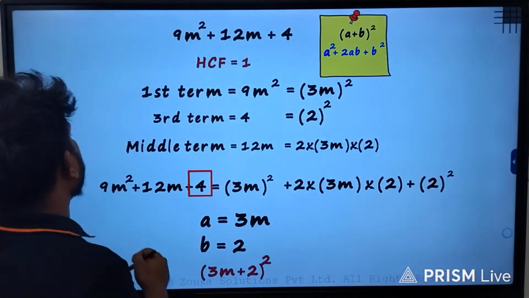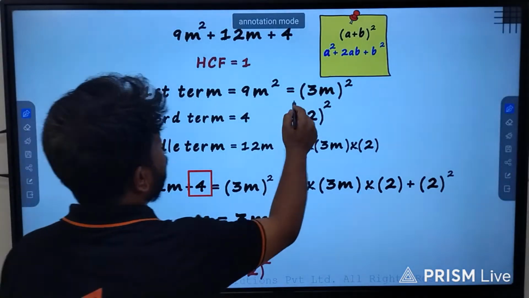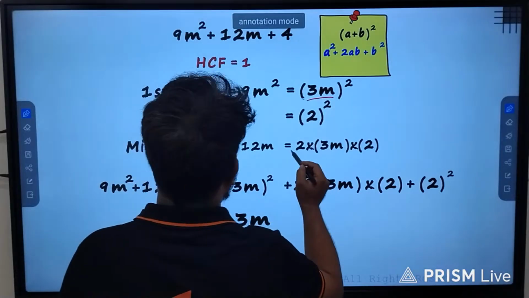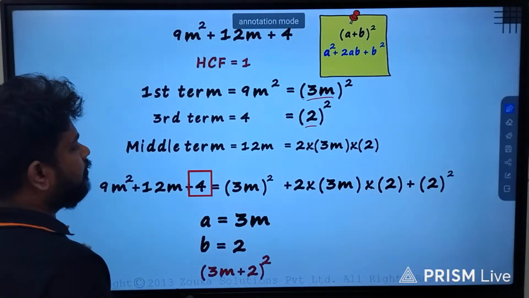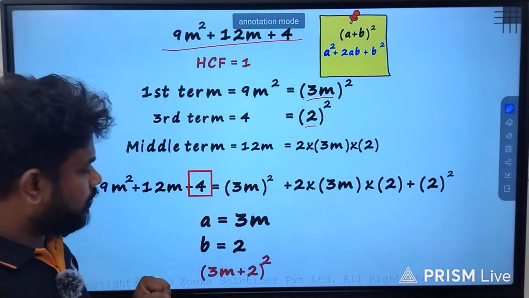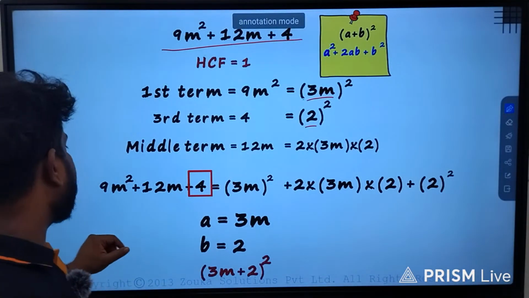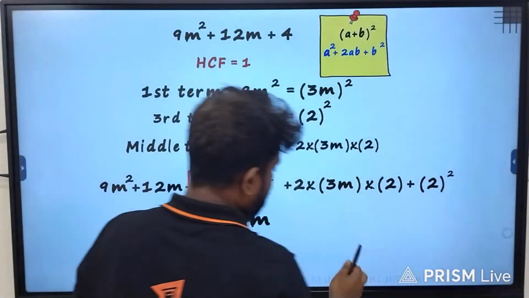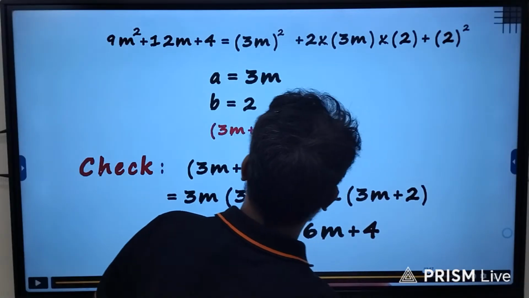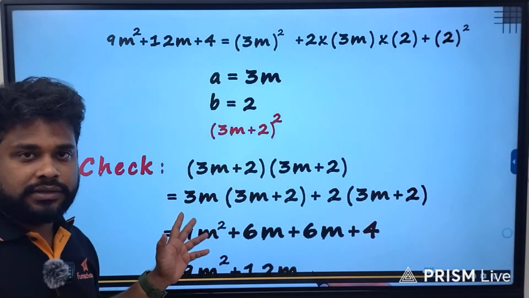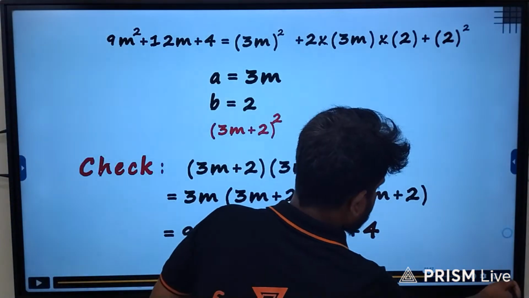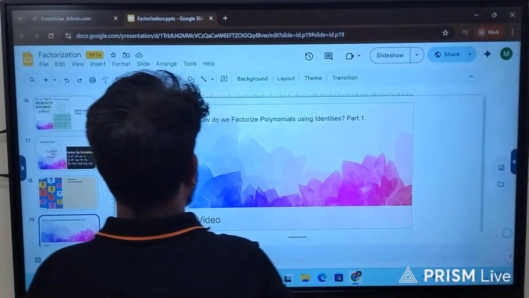So by using the formula, by taking a as 3m and b as 2, we have formulated this equation. After completing the formulation and solving, we have also rechecked it by multiplying the factors. Okay, so it's been done. Now let's go further.